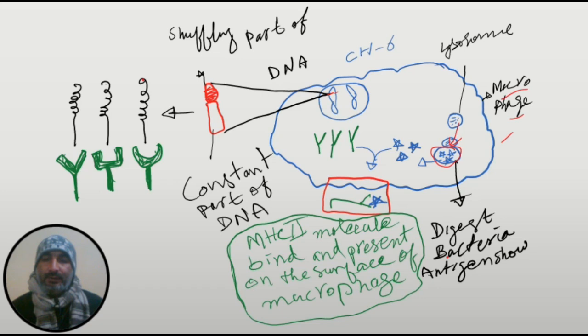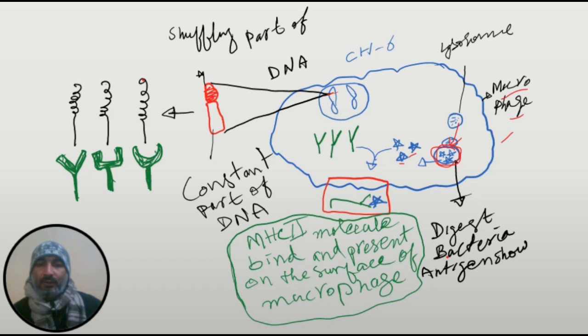This antigen, or we can say the bacteria, is engulfed by the macrophage, and this circle represents the membrane, which is taken in during phagocytosis. This will be fused with the lysosome, and you know that lysosomes contain catabolic enzymes, which digest that bacteria and make star antigens.